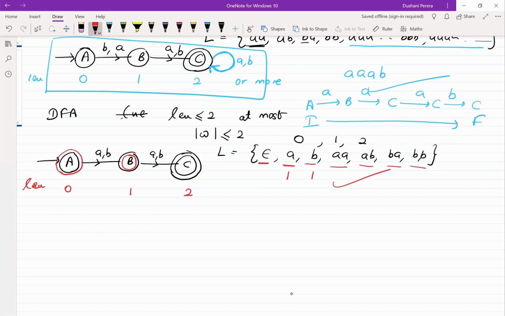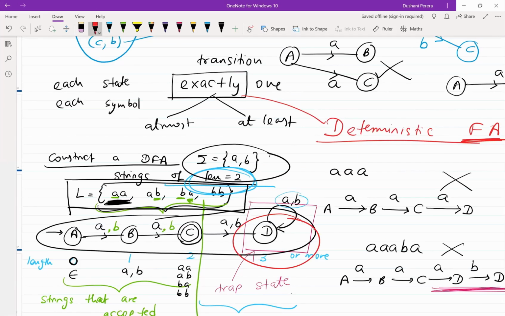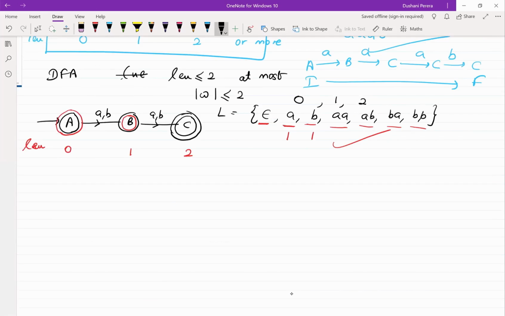Okay. Now we have to look into the ones who are being rejected. Anybody who is more than 2 should be rejected. So, as we did earlier, we put a trap state here, since we don't want anybody after two. What do we do? After C, whoever comes, A or B, is sent to a trap state. After that, if anybody else comes, they will be sent to the trap state.